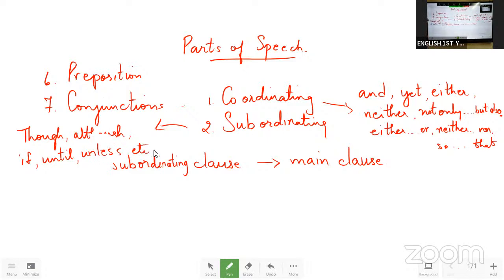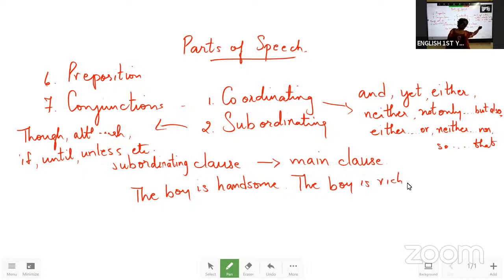Coordinating conjunction joins sentences at the center. Like, the boy is handsome. The boy is rich. Okay? By itself, it makes sense. The boy is handsome is a main clause.